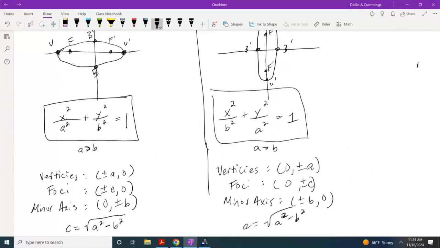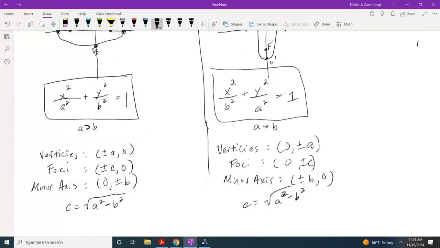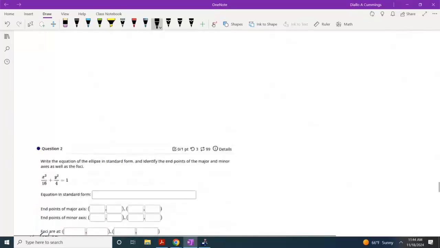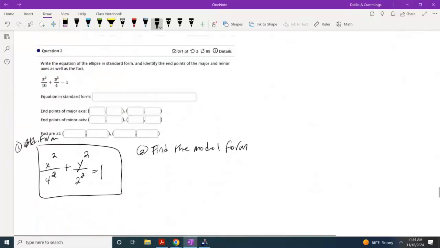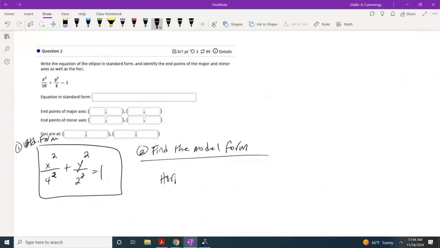So I'm just going to use these formulas. So the correct model form is the horizontal axis formulas.